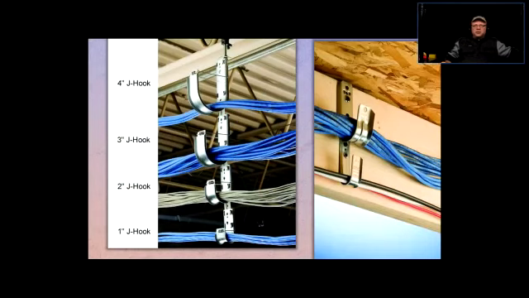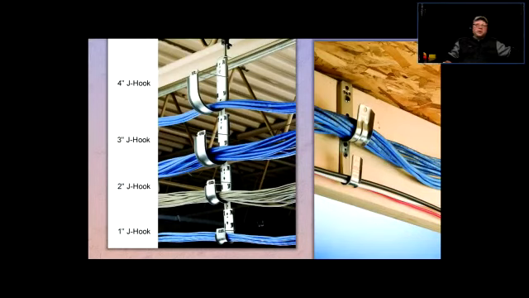And with the specification sheets on specific J-hooks, it will tell you it will support so many Cat5e wires, or it will support so many Cat6a wires, or it will support so many coaxial RG6 cables, and things like that, right? So when you're designing a project, make sure you get the right amount of J-hooks, and you're also going to have to make sure that you specify the right sizes of the J-hooks.